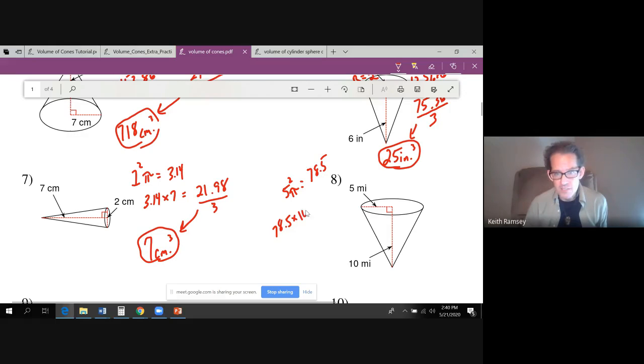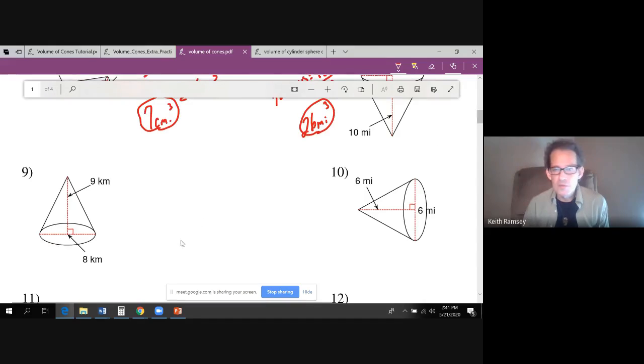So I'm just going to move my decimal one step to the right, so 785 now. Step 3 is to divide that by 3, which gives you a volume of 26.16. Let's just round that to 26 cubic miles for number 8.